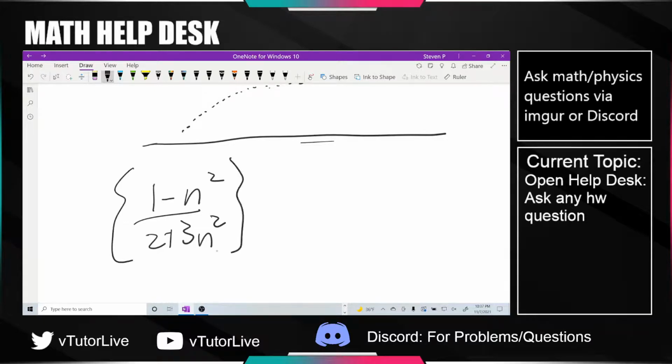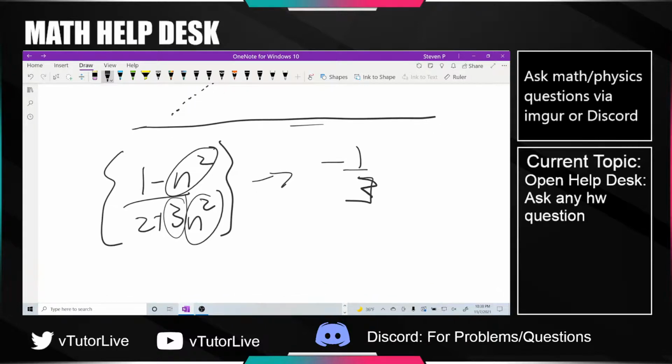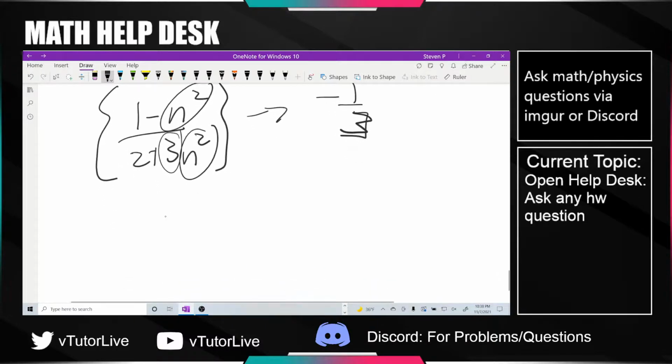Whereas before we had a continuous x, now we just have an integer n that increases 1 by 1 by 1. But the concept is the same. I would say this goes to negative a third because the n squared is the dominant term. Here there's a coefficient of negative 1, and here's a coefficient of 3. So the problems, I hope, are not too crazy.